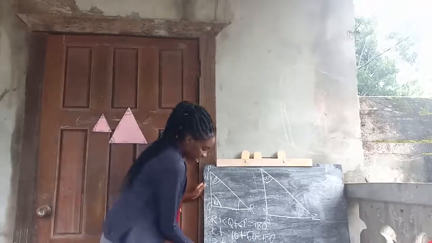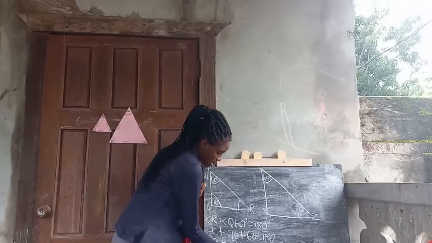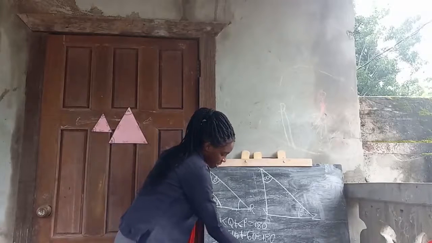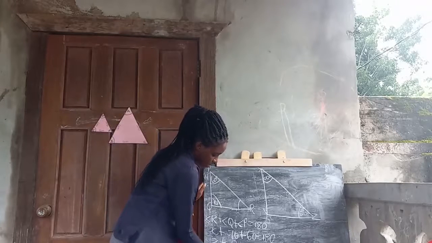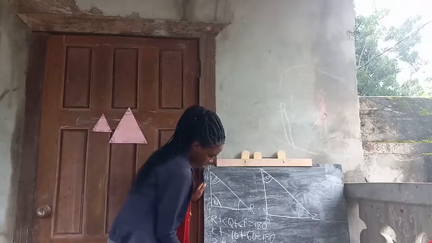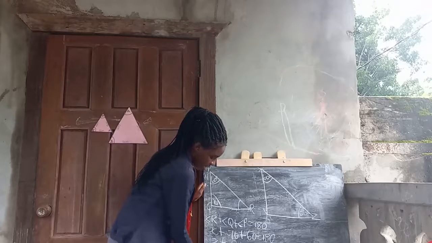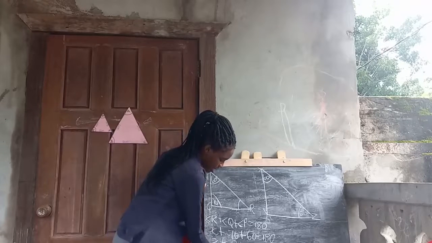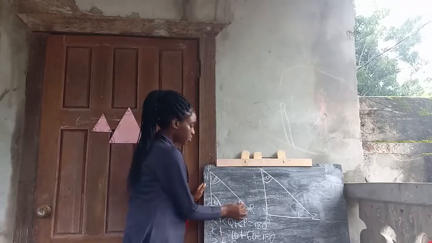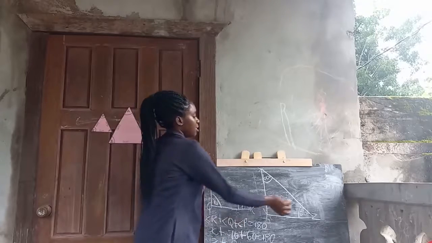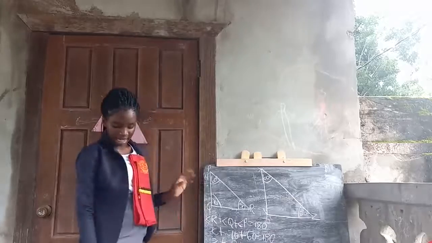So to find X, it's going to equal 180 minus 130, and that is going to equal 50 degrees. So angle R equals 50 degrees. See? But that doesn't prove it yet.